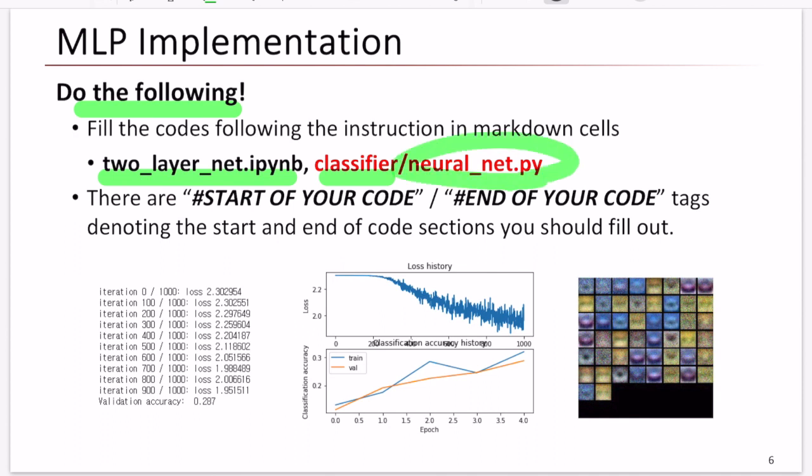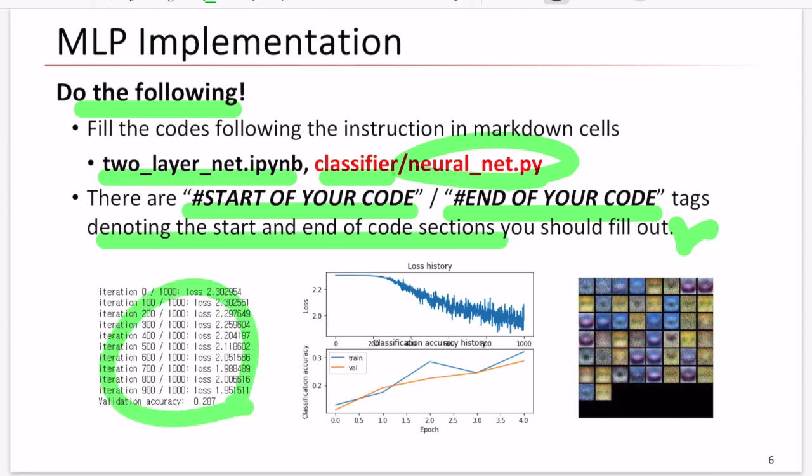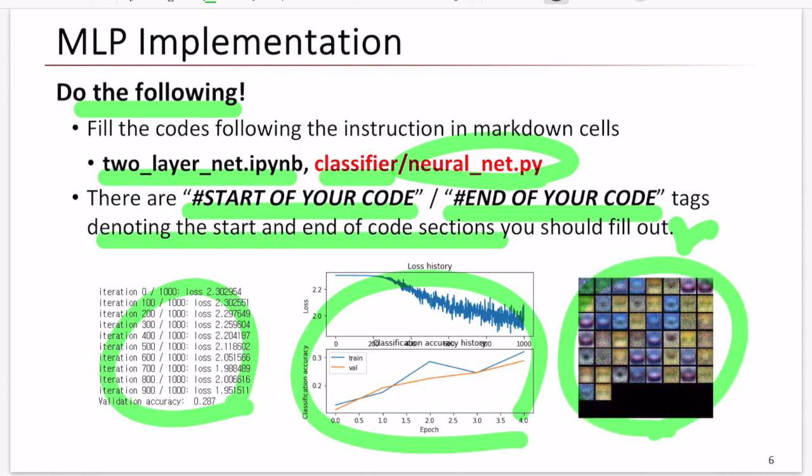There are start of your code and end of your code tags, denoting the start and end of the code section you should fill in. Then you will finally get the loss graph, loss history, and visualization of your learned network. Okay, so this is your first homework. It's going to be very, very fun.